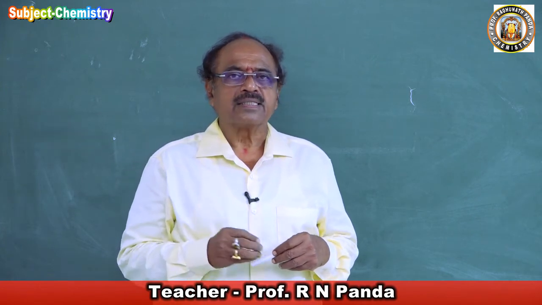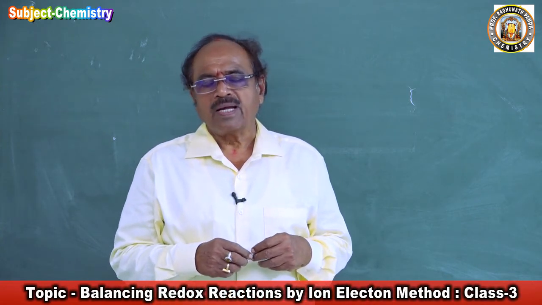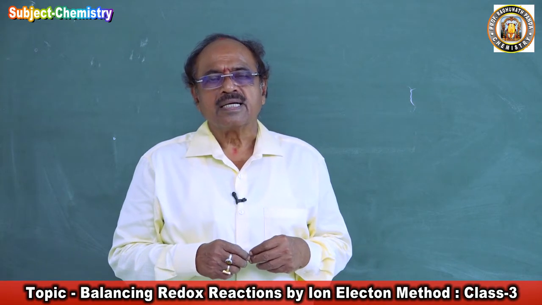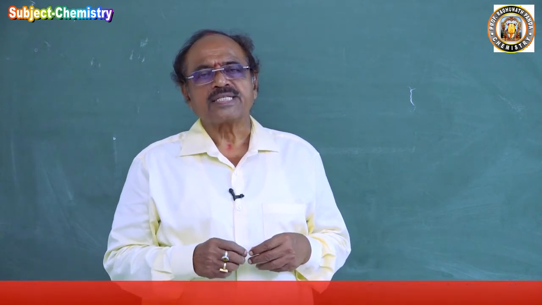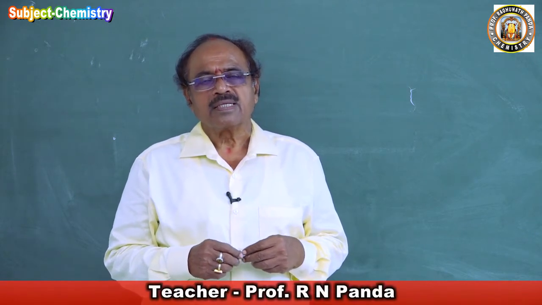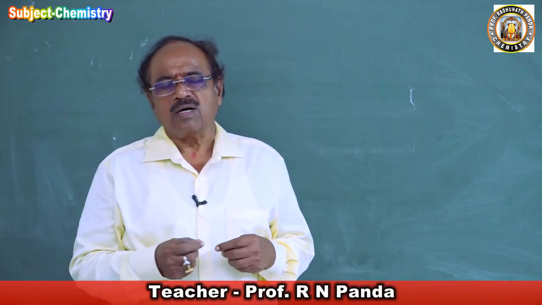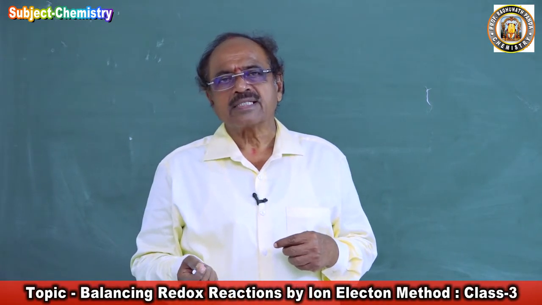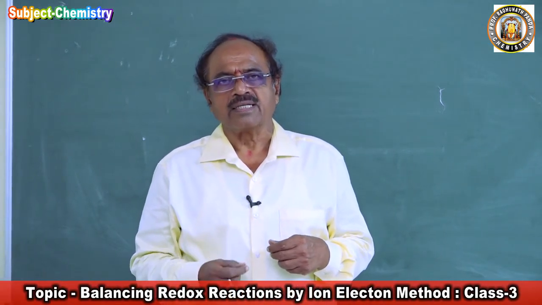So we have taken the rules for balancing by the ion electron method. Ascertain the reduced state and oxidized state of the substances. Write the oxidation reaction and reduction reaction in ionic form.